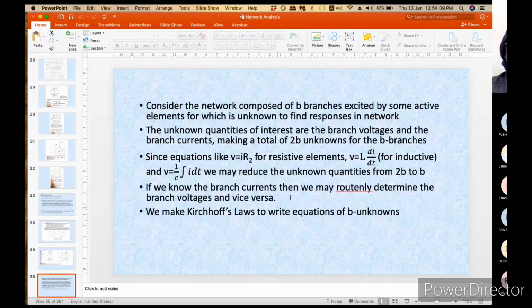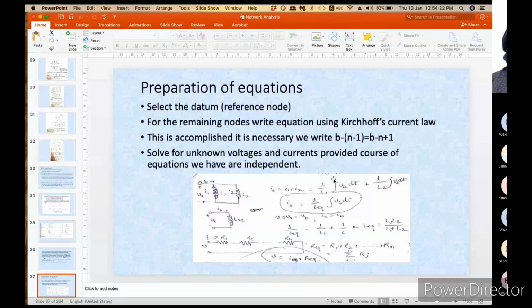Now you know how voltage is considered in the case of inductance and capacitance, and how current is considered. We'll see now how to write down equations. So, preparation of equations.